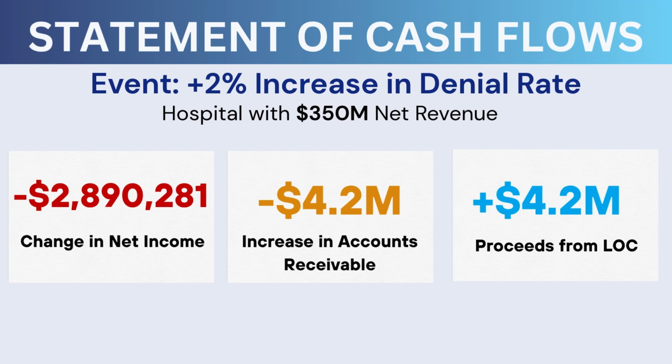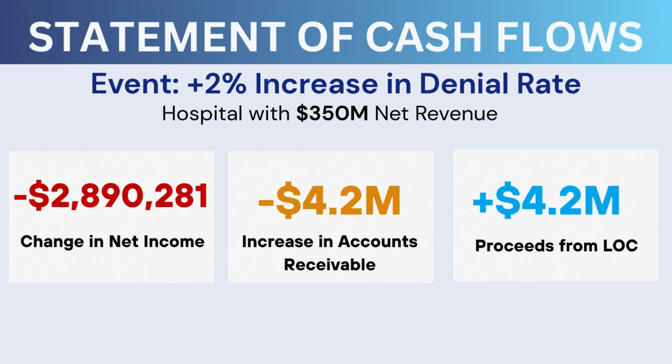Then you have your increase in accounts receivable. This is the portion of that 7 million difference when you went from 7% to a 9% denial rate. This is that 60% of that 7 million, or 4.2 million.